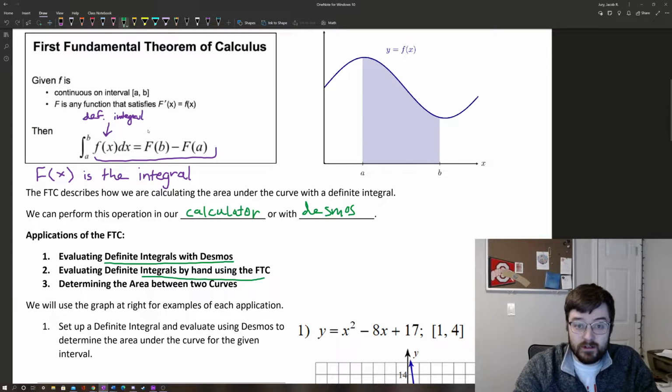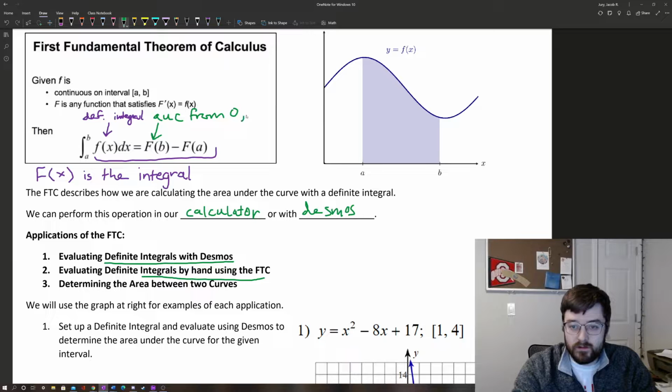So what this is actually saying is take the area under the curve, AUC, from 0 to b, and then subtract it from the area under the curve from 0 to a.